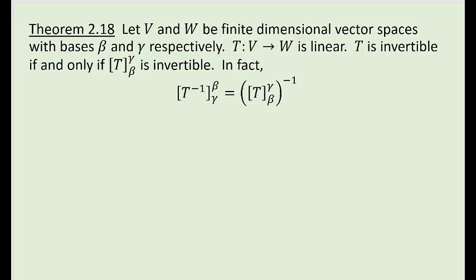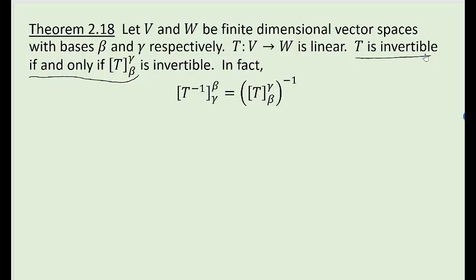If V and W are finite dimensional vector spaces with bases beta and gamma respectively, and T is a linear transformation from V to W, T is invertible if and only if the matrix that represents T is invertible. Now, I think that you probably already knew that, but prior to this, we've been talking about the mappings, the functions, not the matrices.